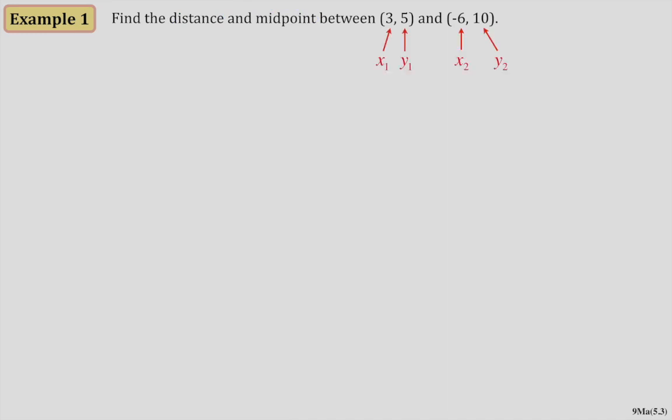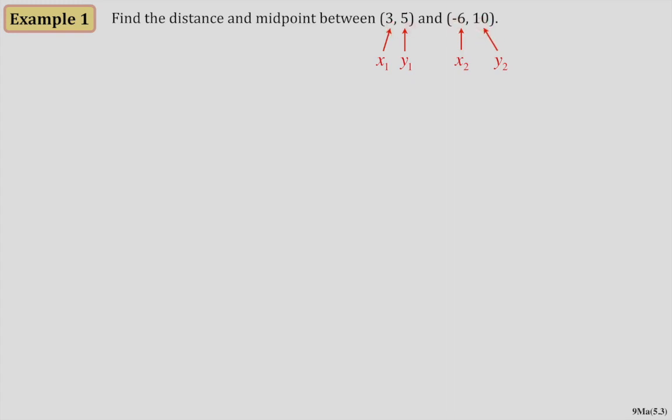Well, first of all, this is my first point, so that's the x value of the first point, and this is the y value of the first point. This is my second point. This is the x value of the second point. This is the y value of the second point. So I've labeled each one of these numbers.